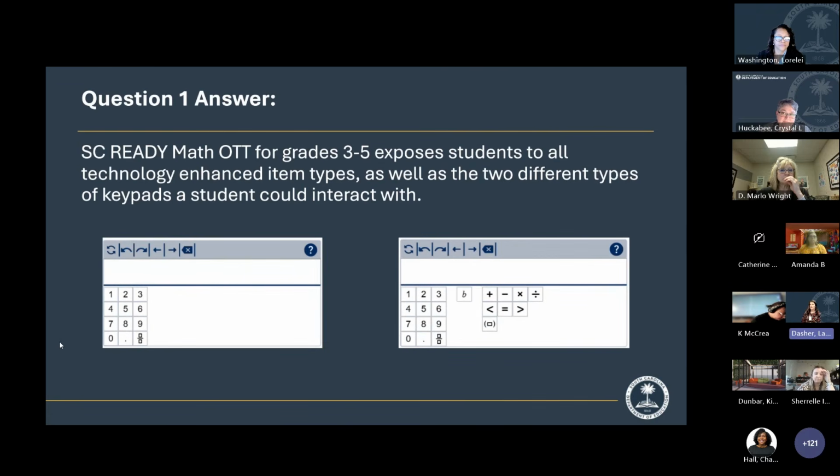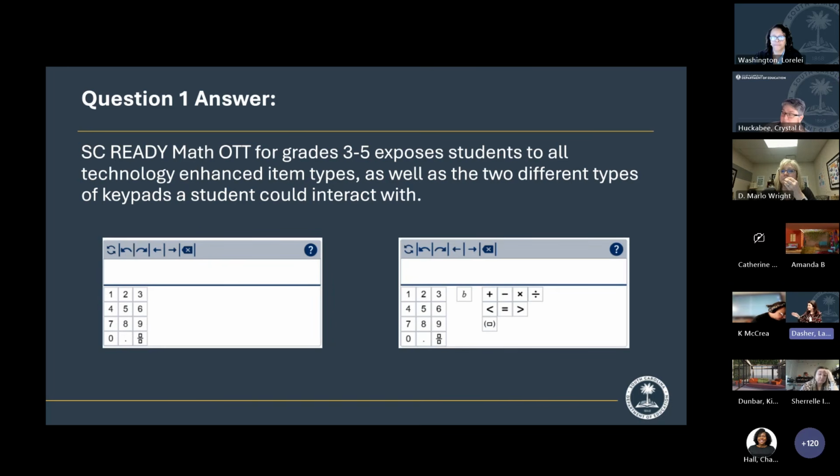The SC Ready Math OTT for grades 3 through 5 exposes students to all technology enhanced item types, as well as the 2 different types of keypads a student could interact with. So on the left, what I'm kind of calling the simple keypad, and then on the right, it's the keypad where a student could input an expression or input an equation, and that's for grades 3 through 8.